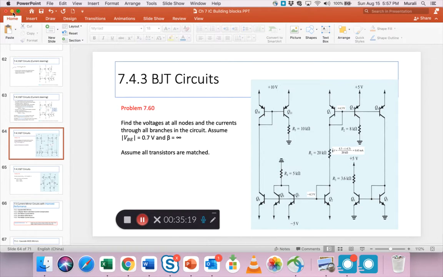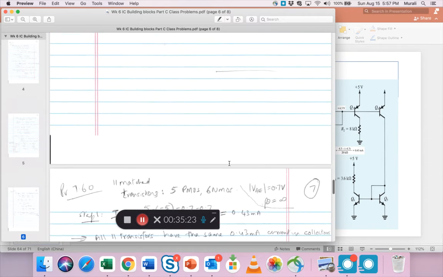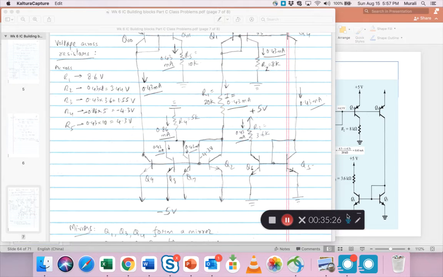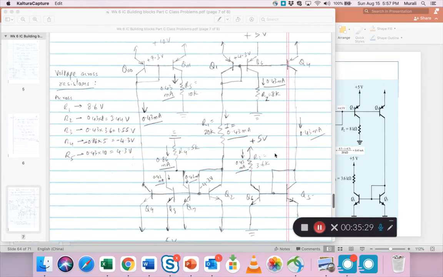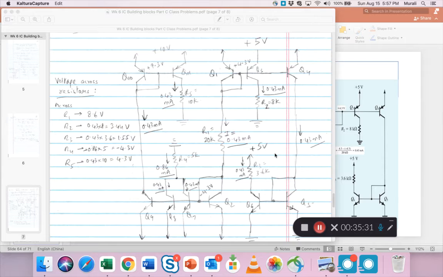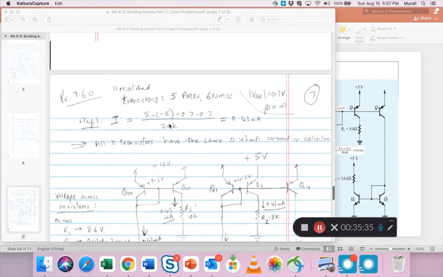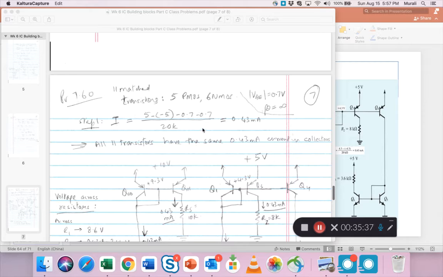Now let's look at the other stuff in this complicated looking drawing, right? Now the thing to remember is, first step we found I. All 11 transistors have the same 0.43 current in their collectors.